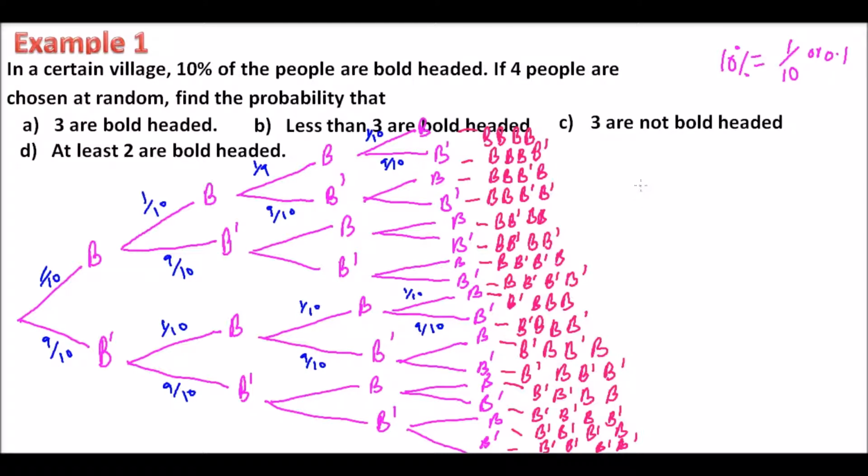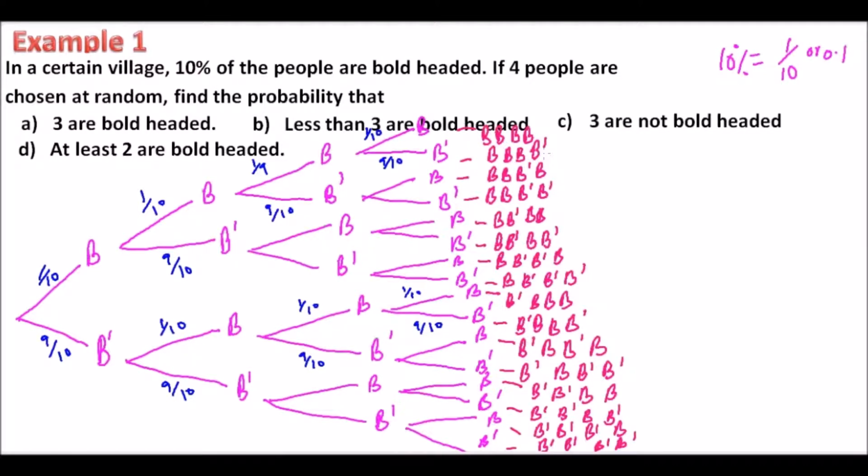So our first probability is at least 3 are bold-headed. Let's have a look at how many options have 3 bold-headed. That is one option, this is also another option, this is also another option, this is not, this is not, this is not, and this is another option.